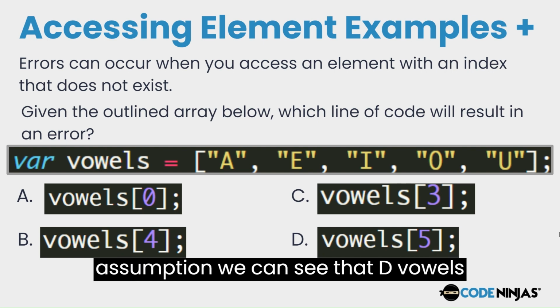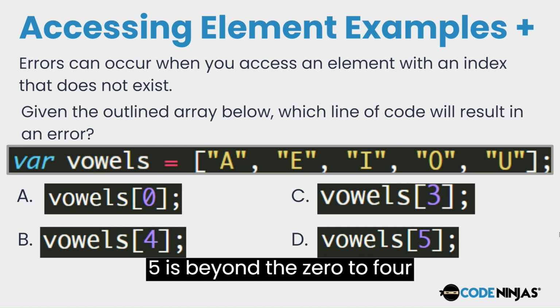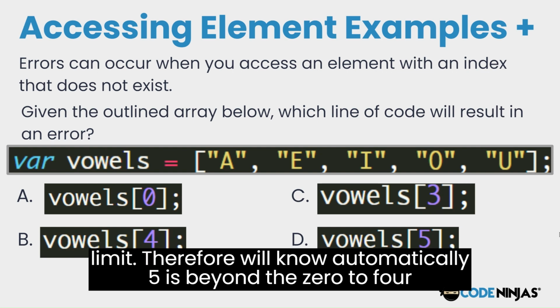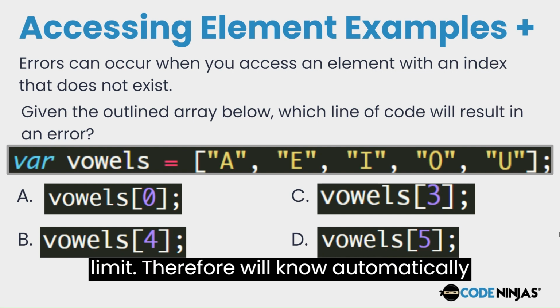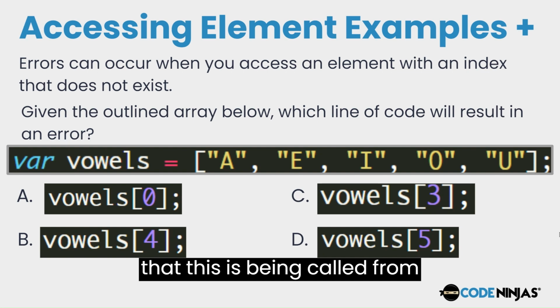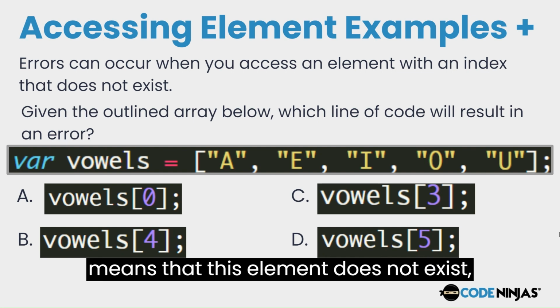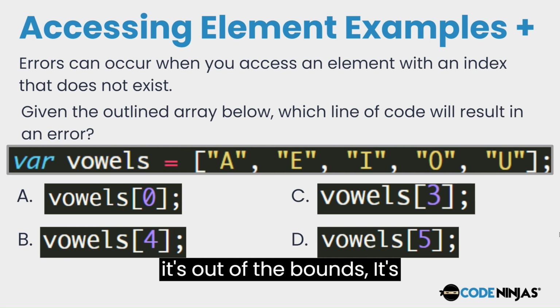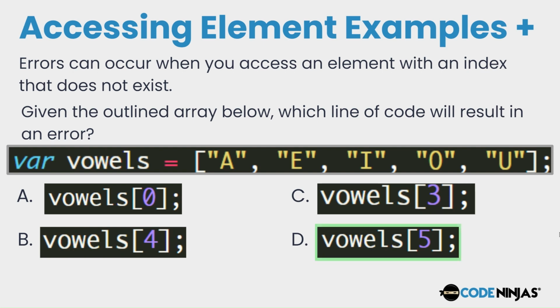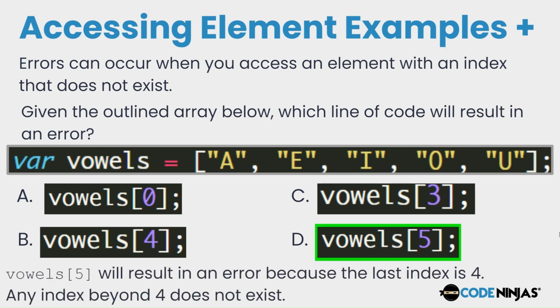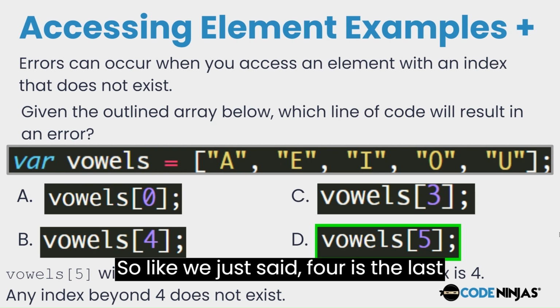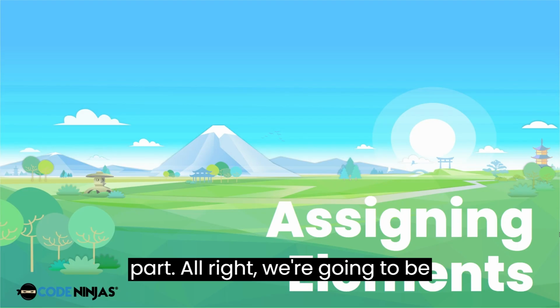We can see that D, vowels 5, is beyond the 0 to 4 limit, therefore we'll know automatically that this is being called from outside of the bounds of the array. This means that this element does not exist, it's out of bounds. It's not physically within our array. So, like we just said, 4 is the last part.